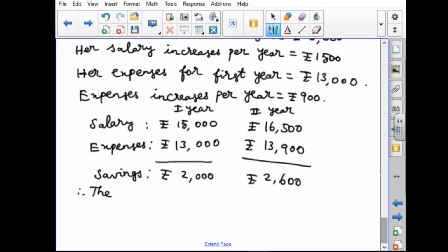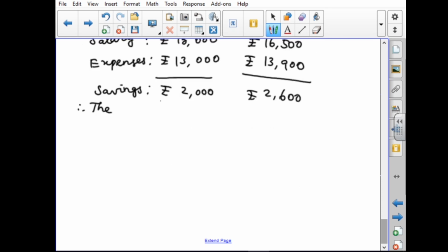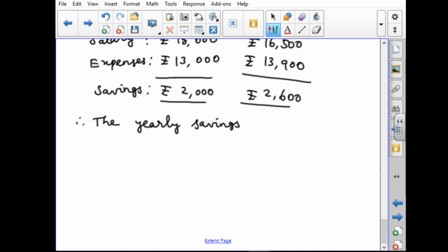Therefore the yearly savings are: the first one 2,000, the second one rupees 2,600.